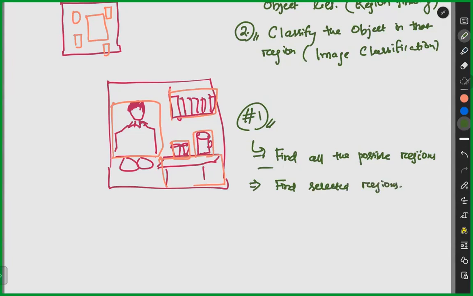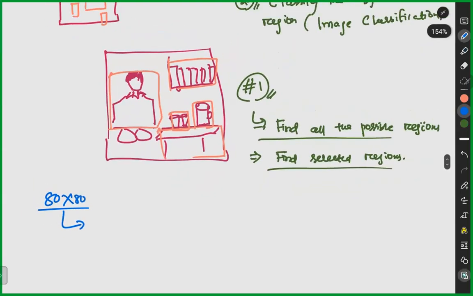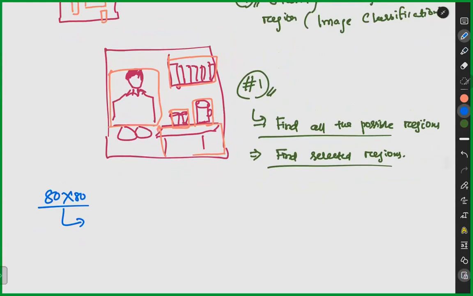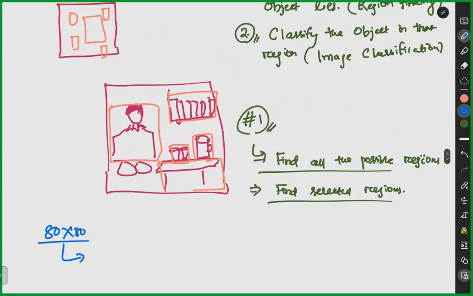Finding all the possible regions is not that feasible, because let's say the image is of size 80 cross 80.